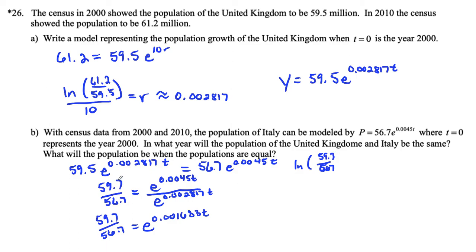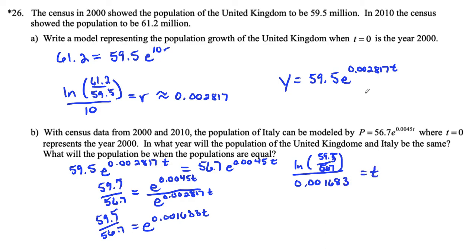Somewhere along the line I made a mistake in some numbers. All right, so this is a mess right now. 59.5 divided by 56.7. I've been spending too much time making these videos. I'm losing my mind. Divided by 0.001683. And that is going to equal our time.